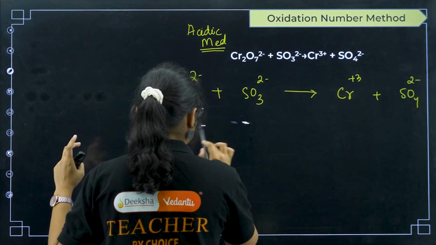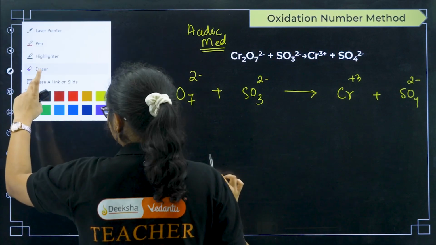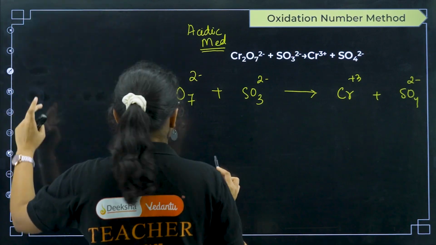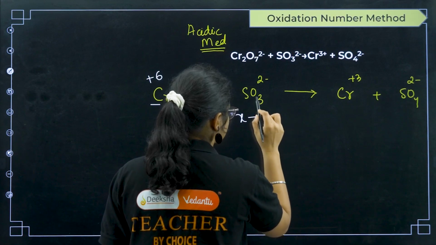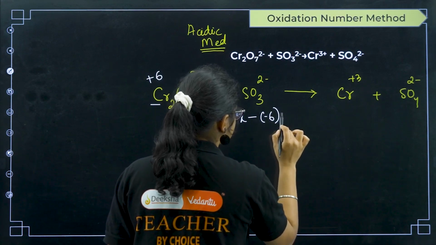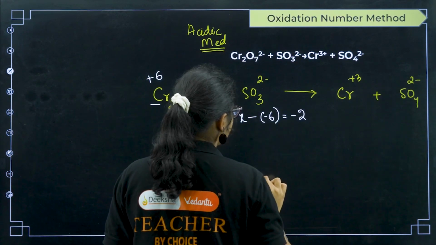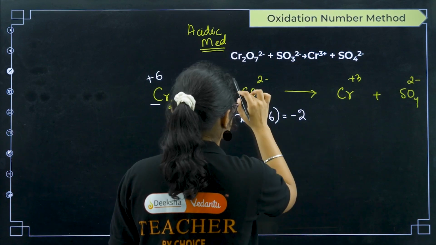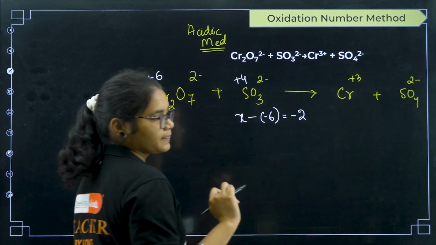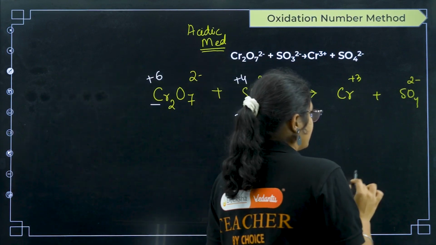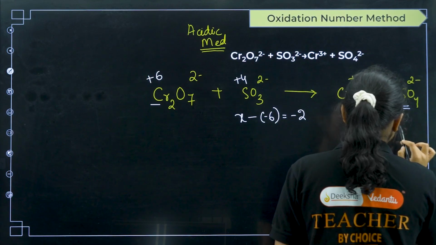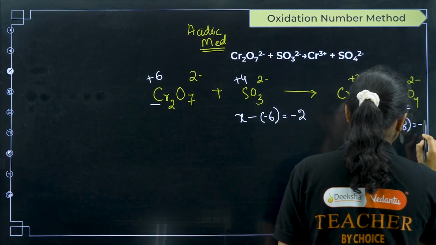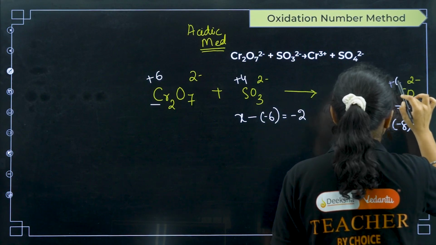Next, for sulfur in SO3 2 minus, x plus 3 into minus 2 is equal to minus 2, so I get plus 4. In SO4 2 minus, x plus minus 8 is equal to minus 2, and we get plus 6.